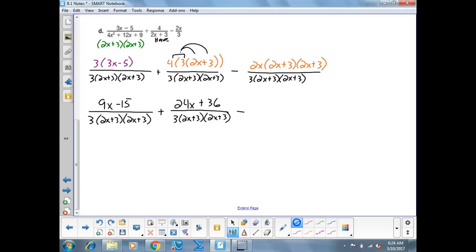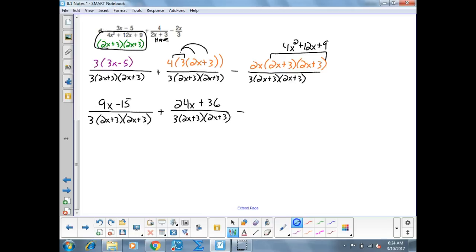Now, these two multiplied together was that right up there. So this is 4x squared plus 12x plus 9.